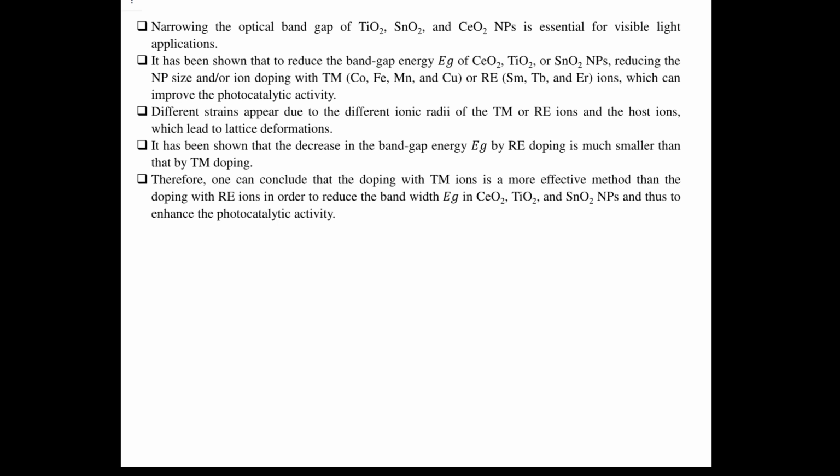When you compare the transition metals with the rare earth dopings, the transition metals show a better effect on the band gap tuning of the TiO2, due to the different strains that appear on this TiO2, because of the different ionic radii of transition metals and rare earth ions compared to the host ion. Host ion means here the TiO2.